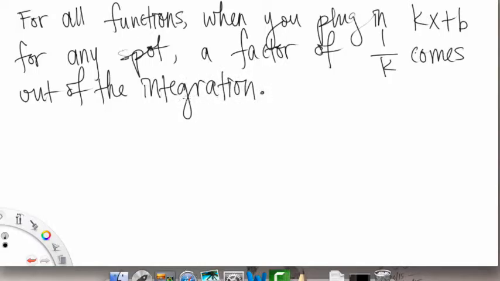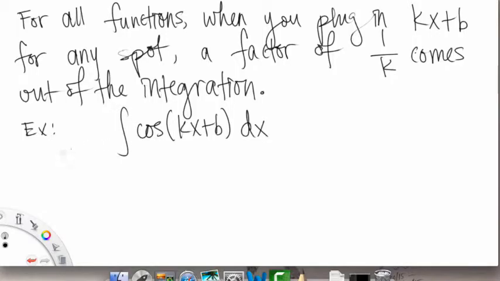And that's to counterbalance what happens in the chain rule when you go in the opposite direction. So let me show you an example of this. Let's say we have cosine of kx plus b, dx, and we're integrating this, okay?